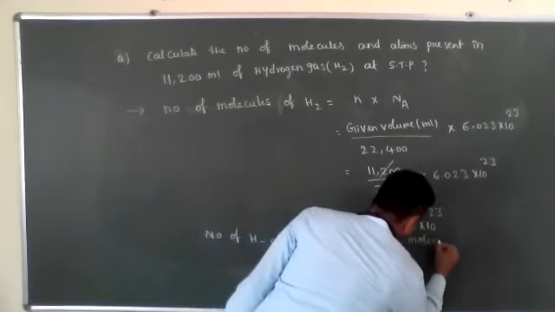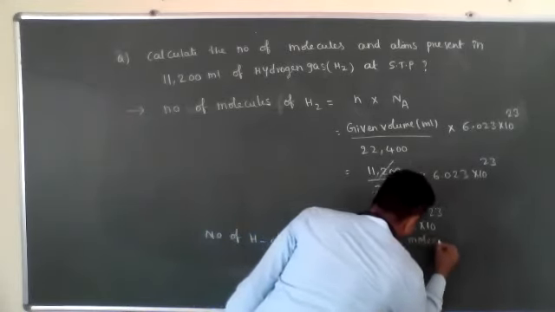You have 3.011 × 10^23 H2 molecules present. Then how many hydrogen atoms? Each molecule we need to multiply by 2, meaning one molecule is converted into 2. The total number of molecules we multiply by 2, then we get the total hydrogen atoms. Clear?